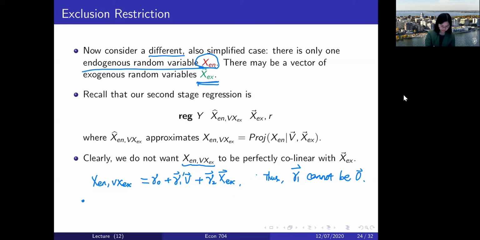So first, V cannot be, so not all the V's, or in other words, at least one component of V is not a linear combination, not a perfect linear function of XEX.